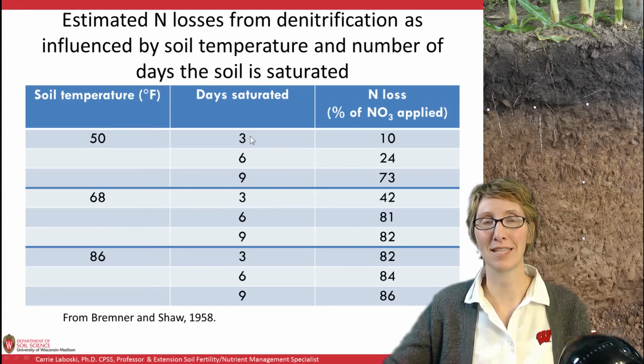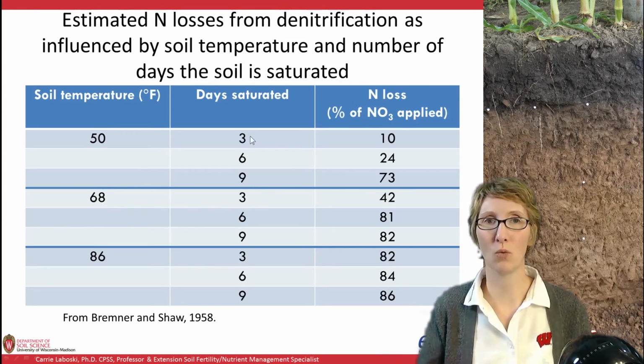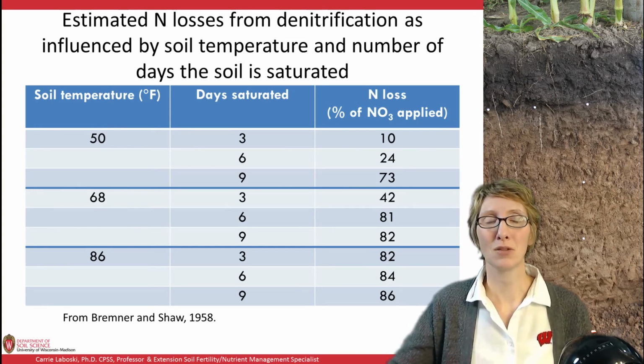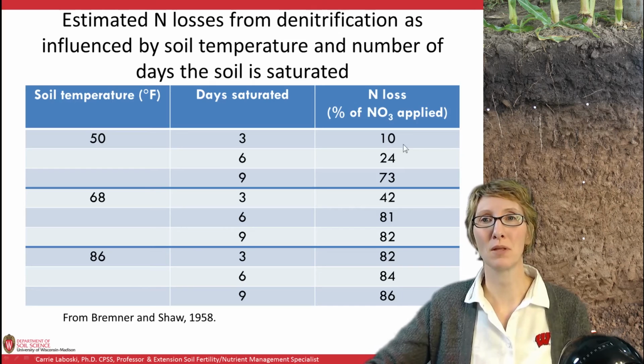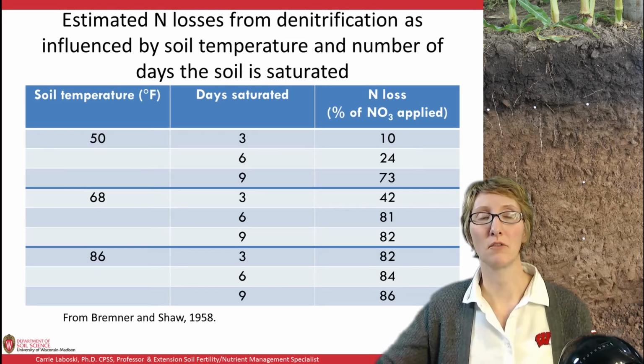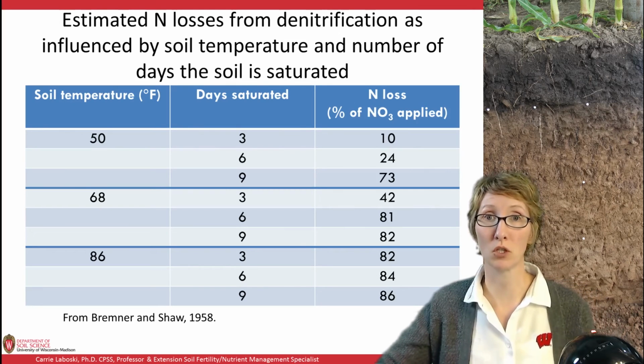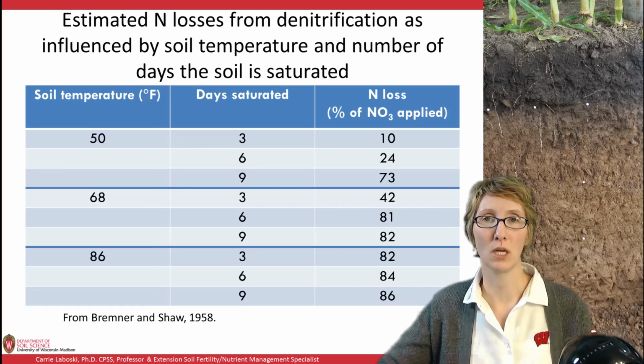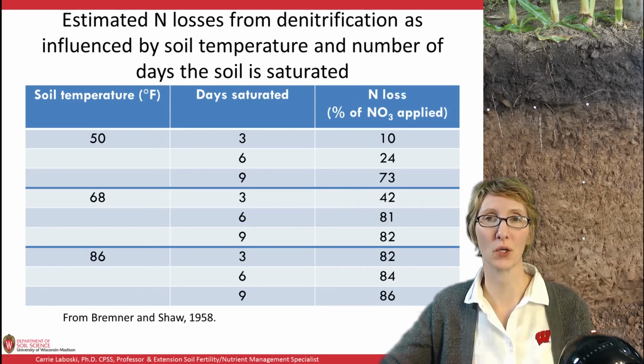And if it's only saturation where you have ponded water or the soil's glistening still, maybe that's only 3 or 4 days. So maybe your losses are relatively controlled versus if you had more days or it was much warmer, say it was a late June when this heavy rainfall and ponding of water occurred.